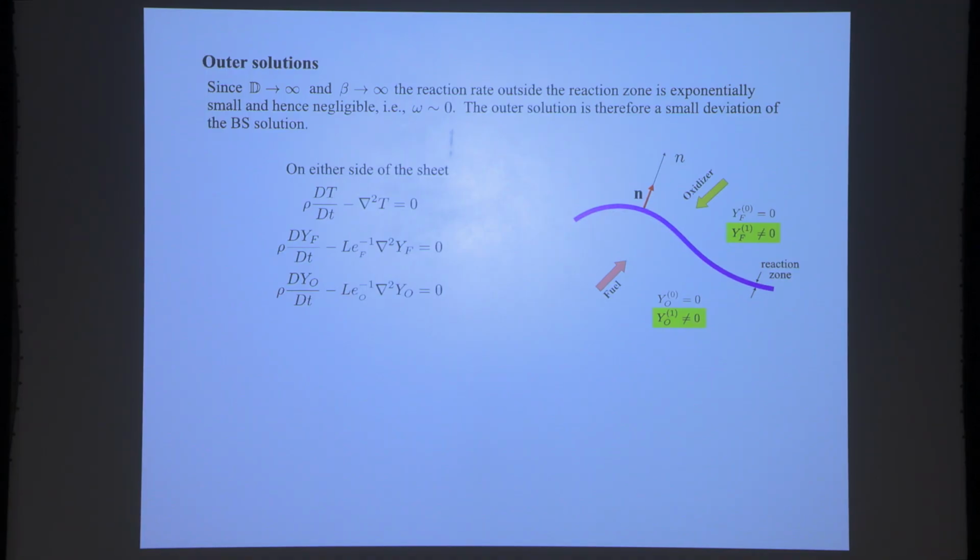Still, in this zone there is no reaction, because the reaction occurs only in the reaction zone. And therefore we solve a reaction-free equation, just a convective-diffusive equation. By the way, I focused in this discussion, as well as yesterday, on the temperature and the species equations.